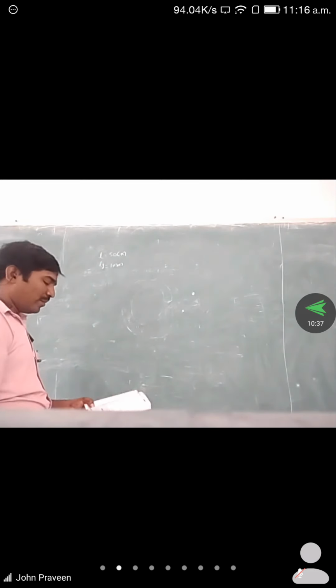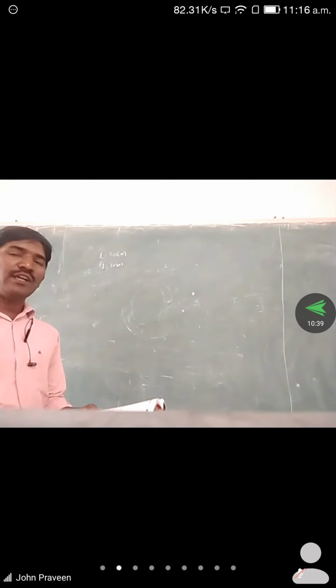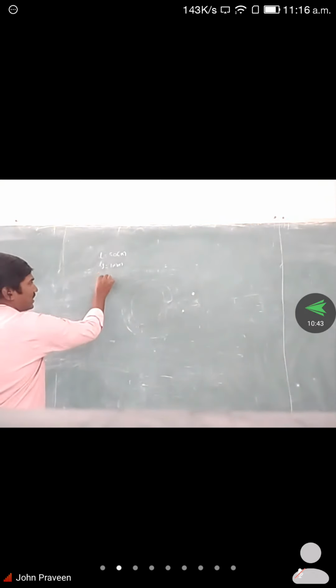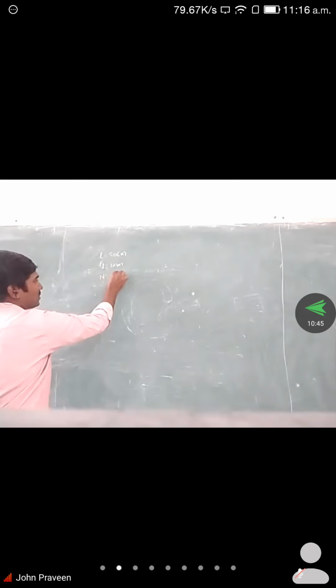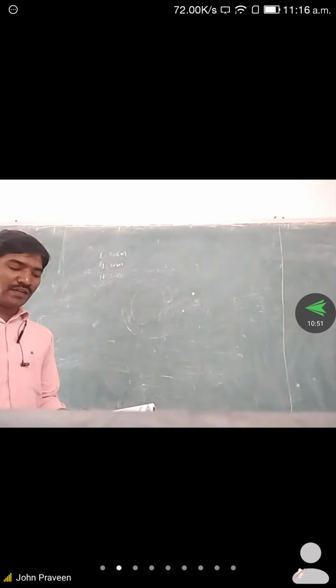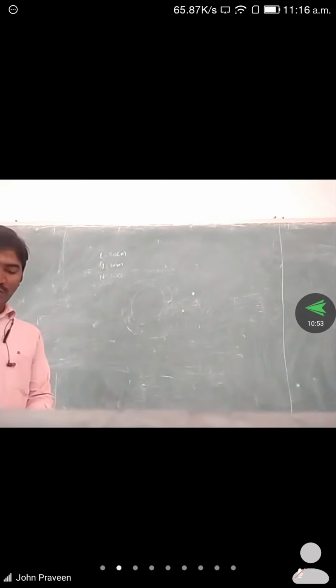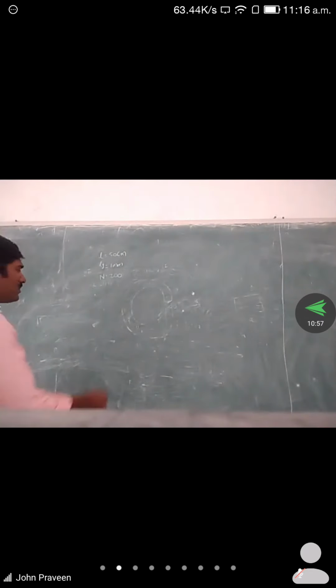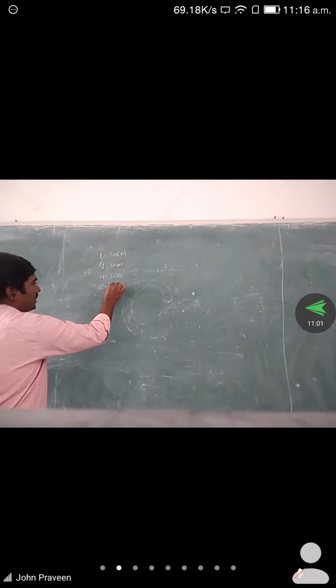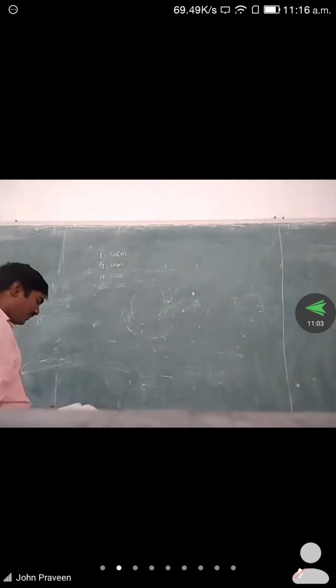It has a winding of 200 turns, so N is equal to 200 turns. The permeability of the iron is 300, so mu R is given as 300.